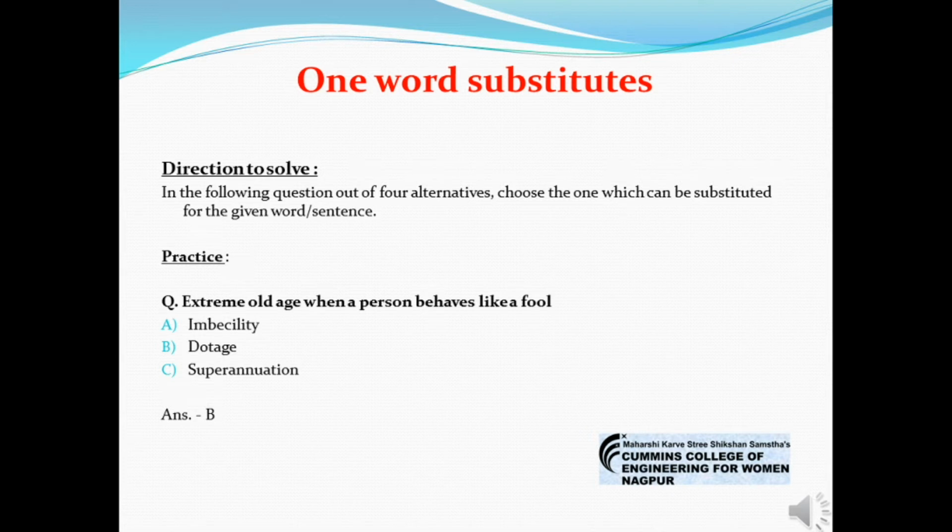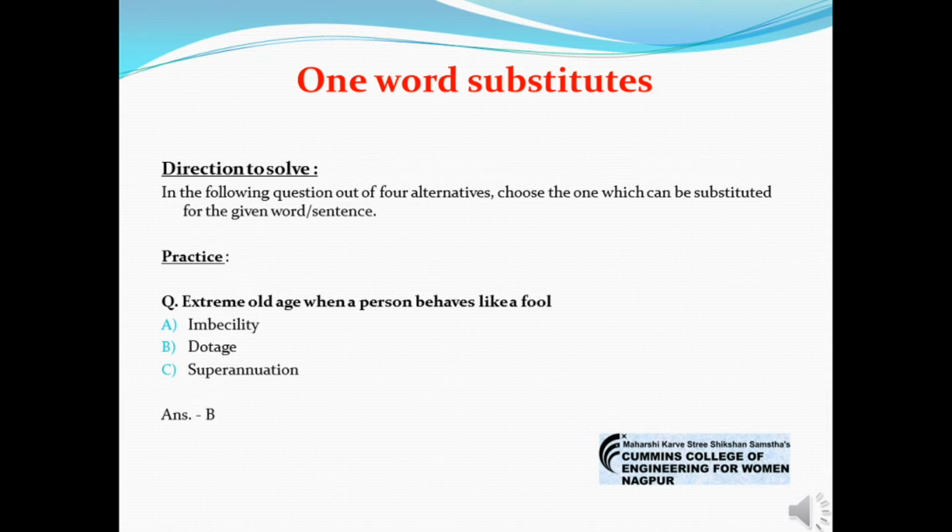We elaborate our explanations, as in "that which cannot be imitated," which can be easily written as "inimitable." And one who lives in a foreign country can be called an immigrant. So immigrant, garrulous, inimitable are the substitute words for sentences.